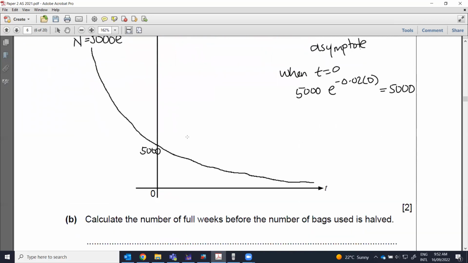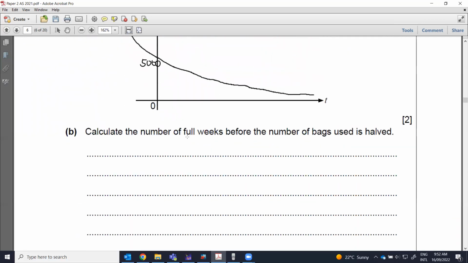Right. Then B says calculate the number of full weeks before the number of bags is halved. Okay, so we have our formula for calculating the number of plastic bags that will be used at a particular time.